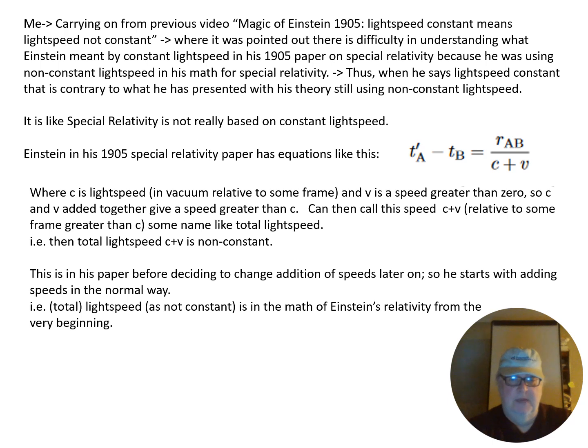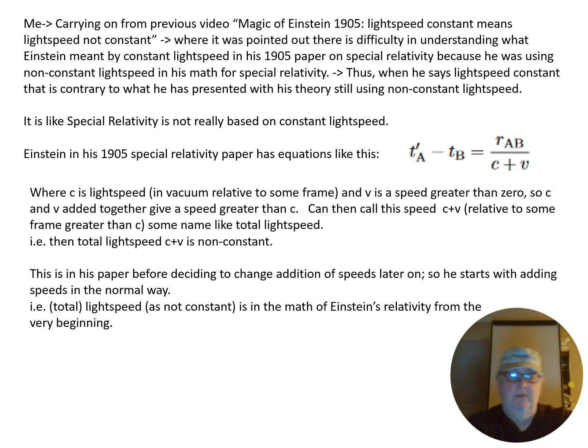So C and V added together give a speed greater than C. We can call this speed, which is C plus V relative to some frame, some name like total light speed. Then total light speed, C plus V, is non-constant.